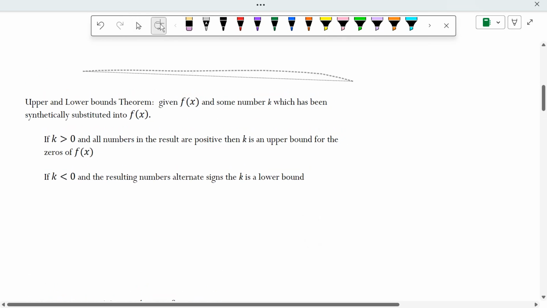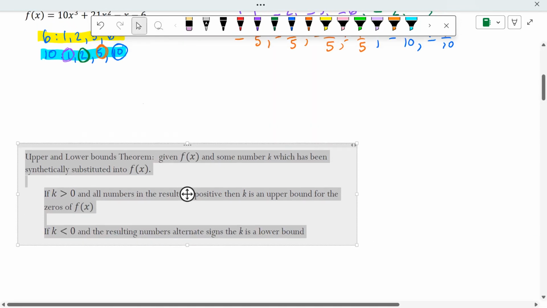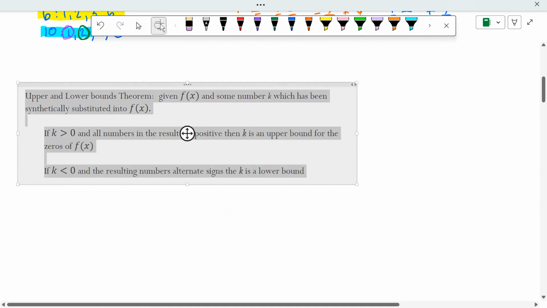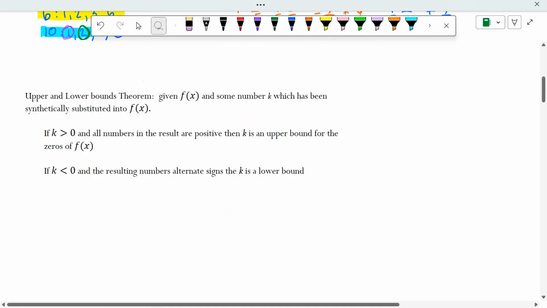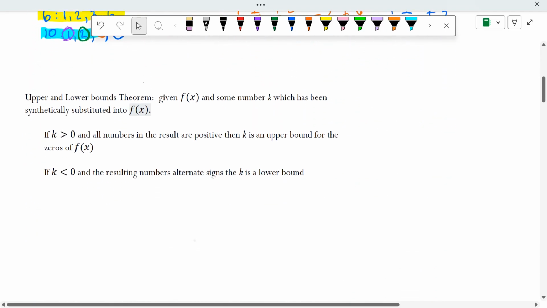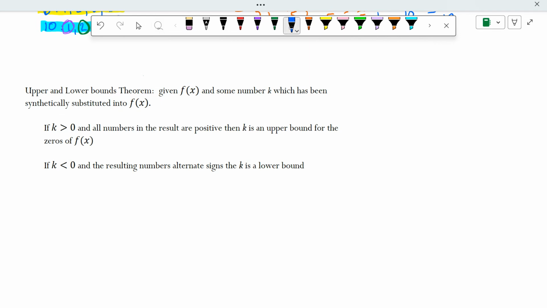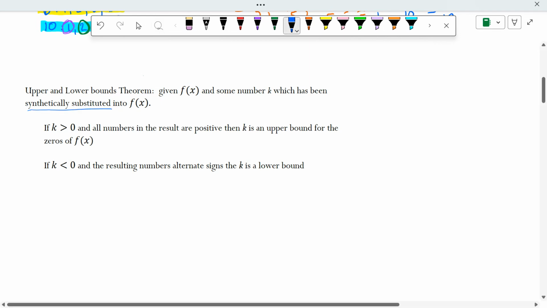I'm going to move this up a little bit. Give myself a little more room here because I didn't need as much room there. Okay. So what the upper and lower bounds theorem says is that if we have a function, let's call it f of x, and some number k, we're going to check k as a possible root or zero of the polynomial, and we are using synthetic division.